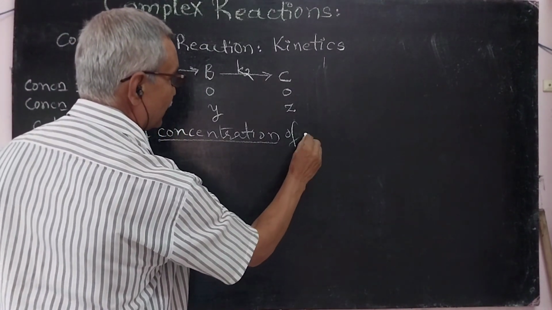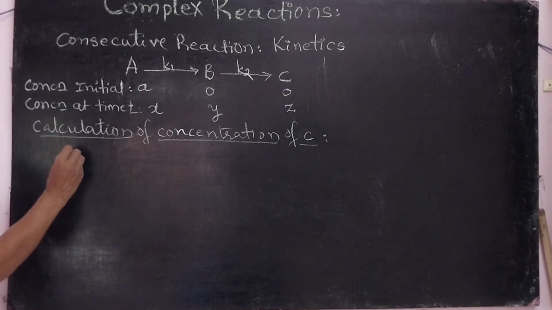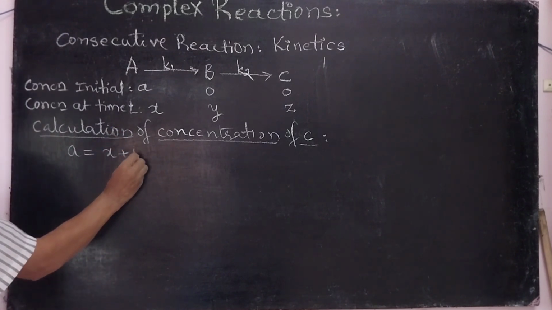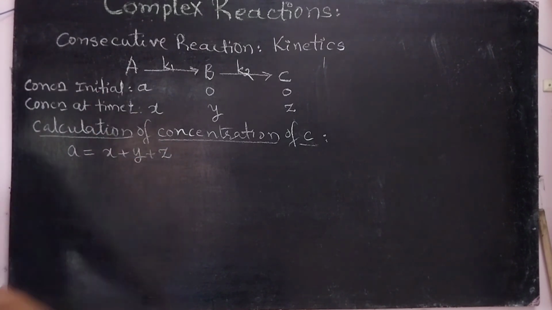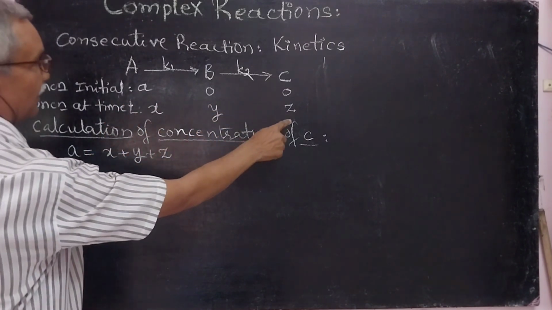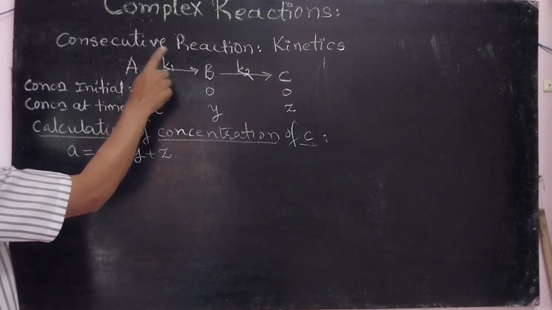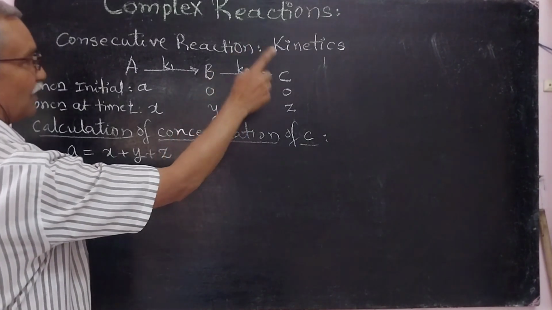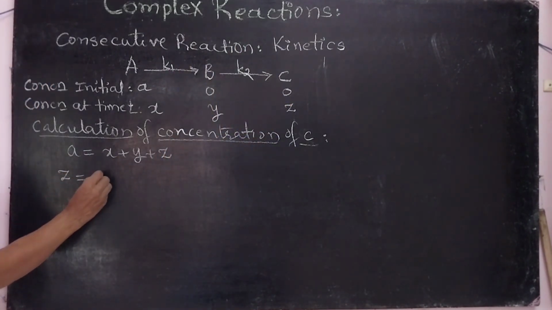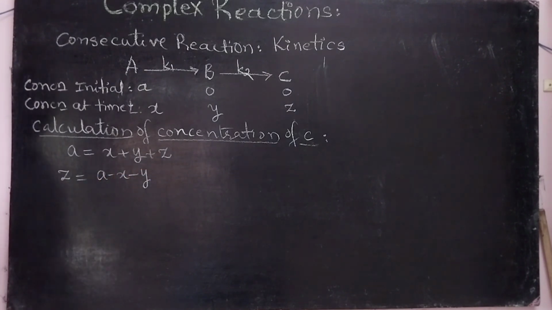Concentration of C. We know A is equal to x plus y plus z, meaning the total concentration of x plus y plus z is equal to the initial concentration of A. We are assuming here 1 molecule of A gives only 1 molecule of B and 1 molecule of B gives only 1 molecule of C. Then we may write z is equal to A minus x minus y.